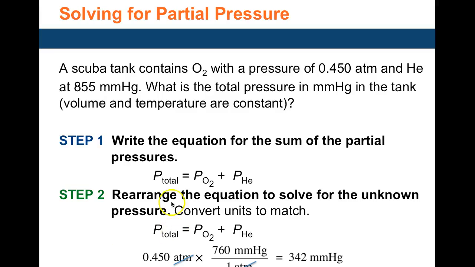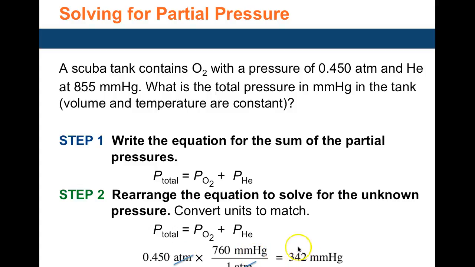So here you have an example. There is a scuba tank with a mixture of oxygen and helium. The oxygen pressure is 0.45 atmosphere and the helium is 855 millimeters of mercury. So the first thing is to convert that atm into millimeters of mercury so that both are in the same unit.